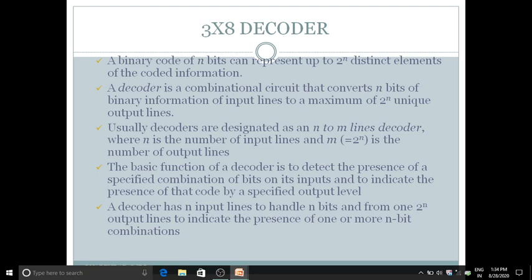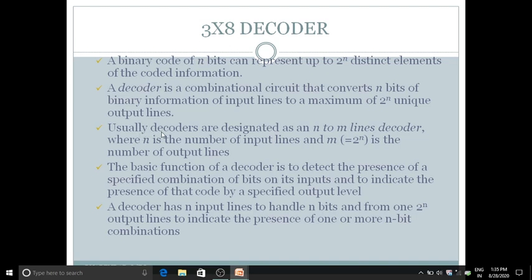That means for one combination of input, the output is indicated on one out of the 2 power n output lines, and for a different n bit combination at its input, another line is used to indicate it. Since we have n bits, there can be 2 power n combinations, so to indicate each of these combinations, we have 2 power n output lines.